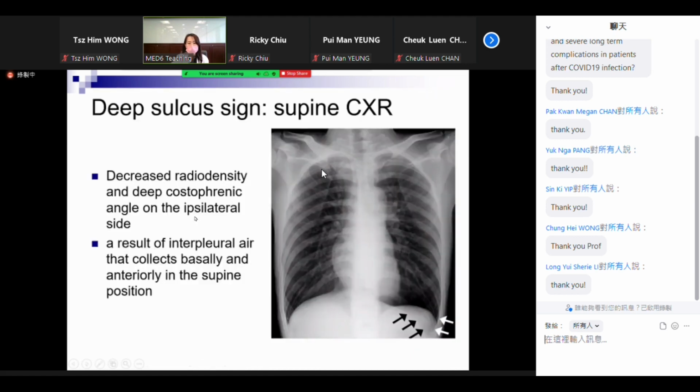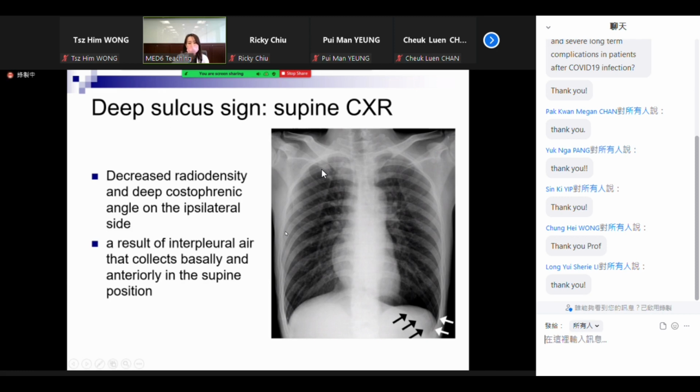And if the patient takes a chest X-ray that is supine, it's even more difficult to detect pneumothorax. So be aware whether this chest X-ray is PA erect or supine. If it is supine, then we look for the deep sulcus sign.